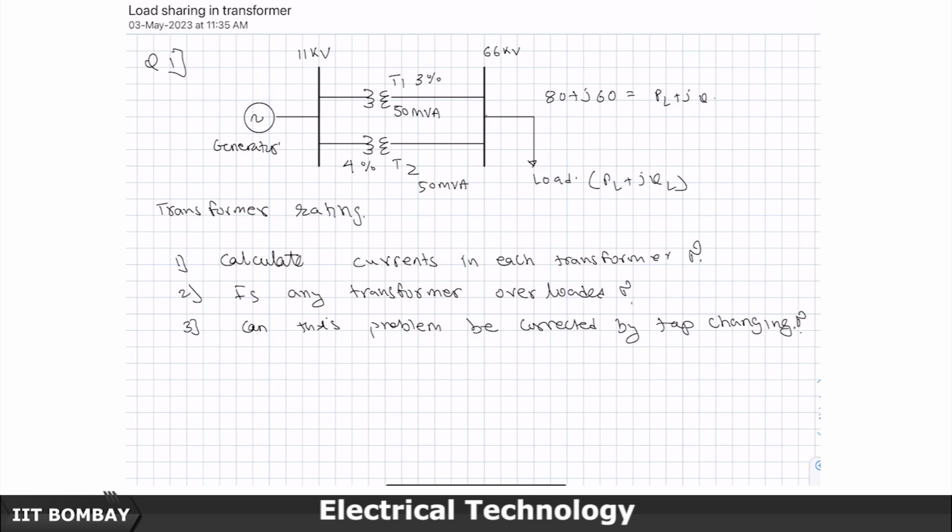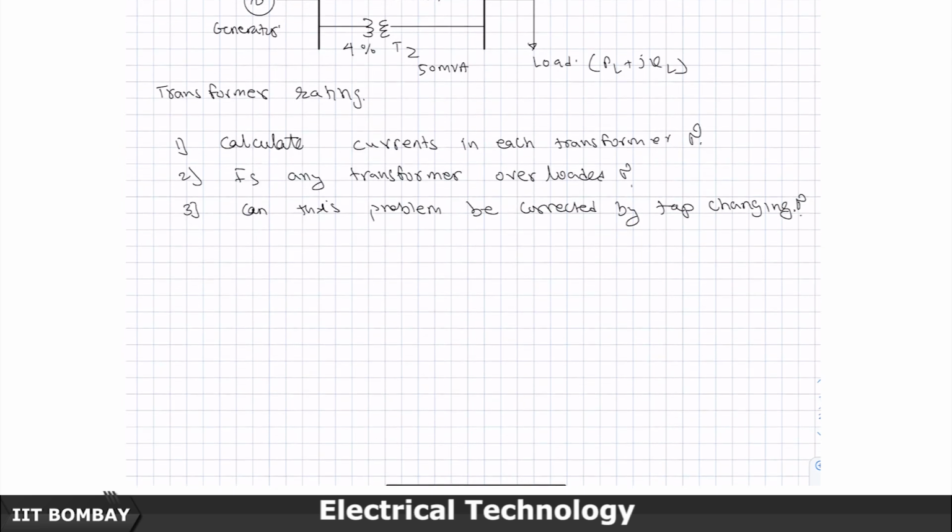Okay. So, today I am going to take up a topic which is how load sharing happens between two transformers if they are connected in parallel. So, I am going to work out a small example hopefully and show you some subtleties.